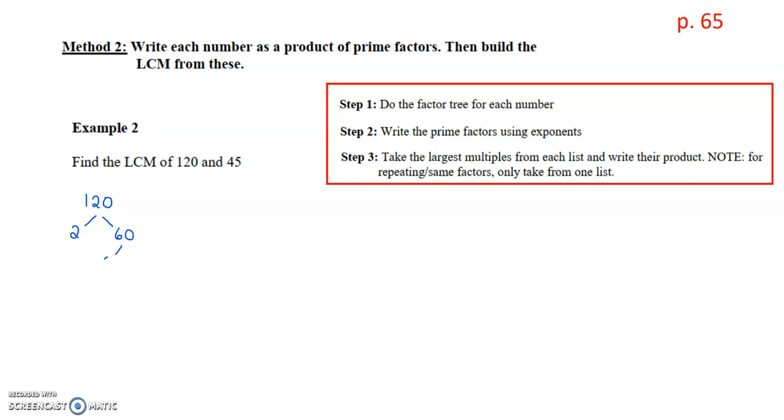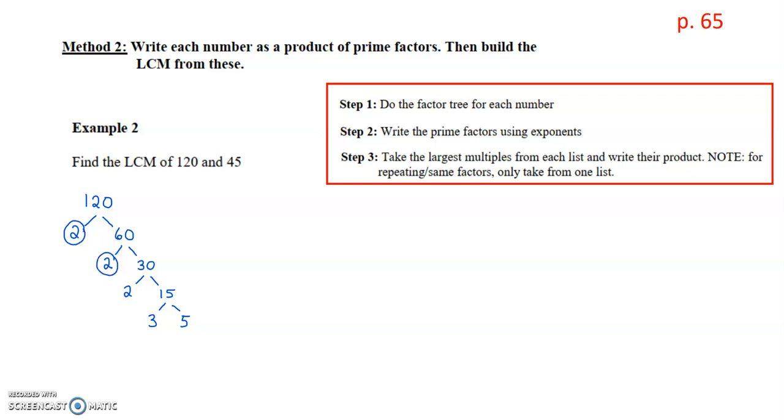I'm going to keep dividing by 2 for as long as I possibly can. So 60 divided by 2 is 30. 30 divided by 2 is 15. Now I can no longer divide by 2, but I can divide by 3. And that's going to leave me with 5. So my method is starting with those little guys.